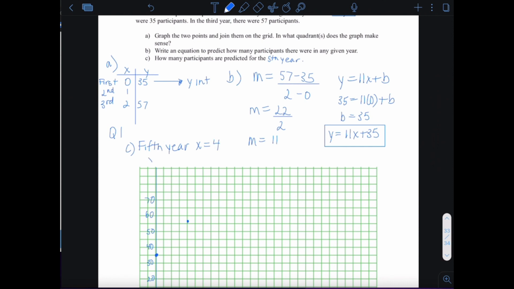So what I would do is sub in 4 for x, and I would get 44 plus 35, which is 79. There are 79 participants in the 5th year.